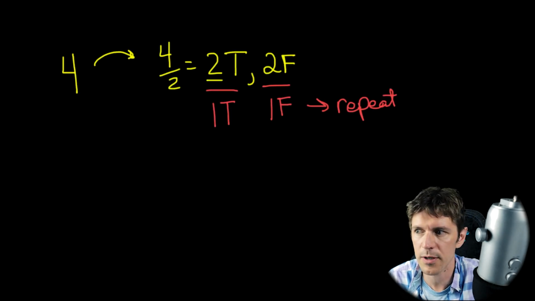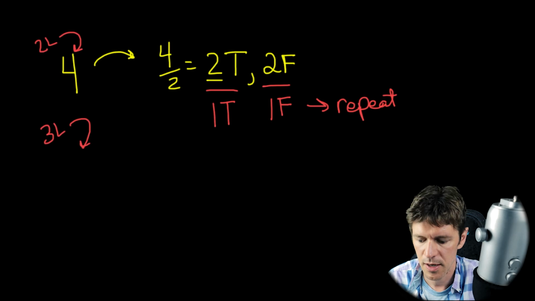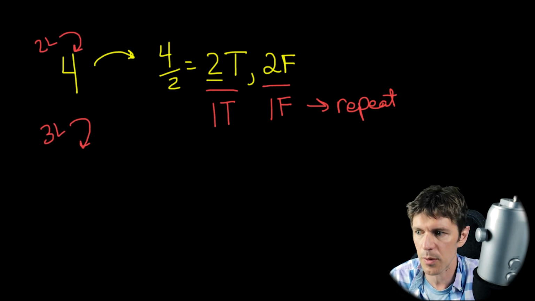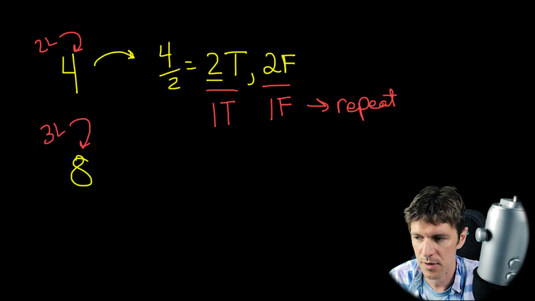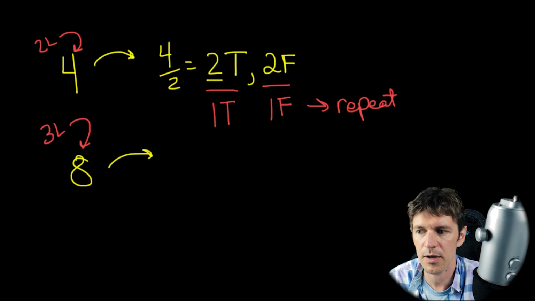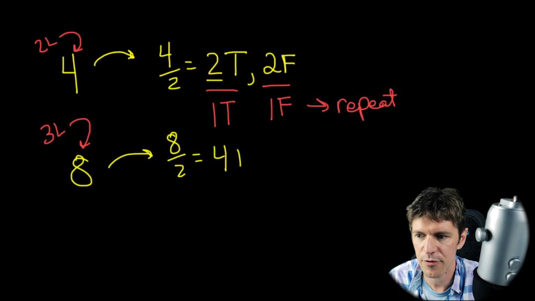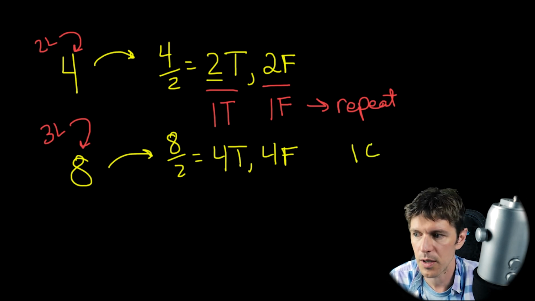Now, in the case that we looked at, we had 2 letters, and that told us that we're going to need 4 rows. But let's say we had 3 distinct propositional letters, and so in this case, what we would need is 8 rows. Well, we're going to do the same thing. We're going to take 8 over 2, and 8 over 2 would give us 4 trues and 4 falses. So our first column for our first letter would be 4 trues and 4 falses.